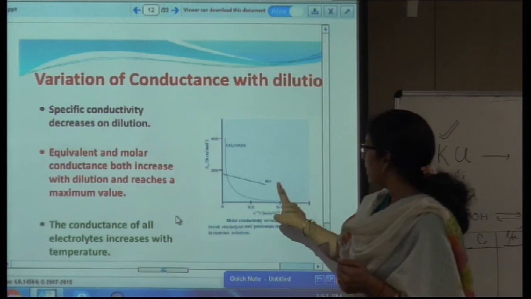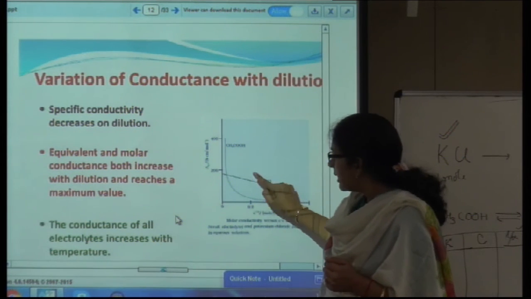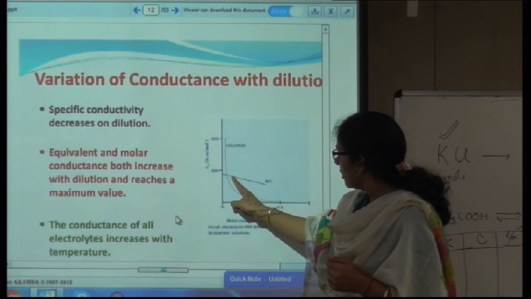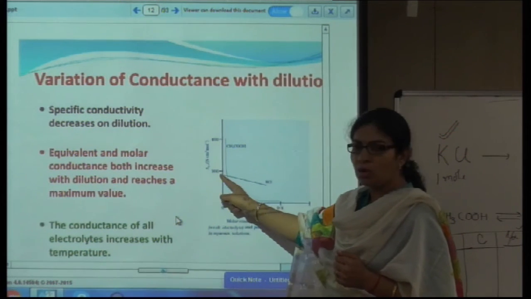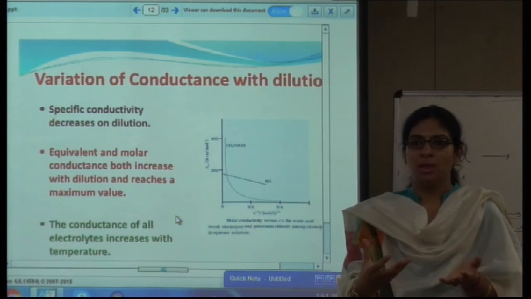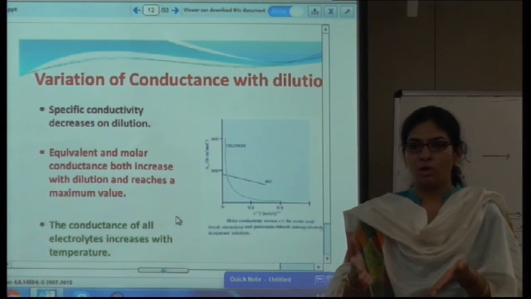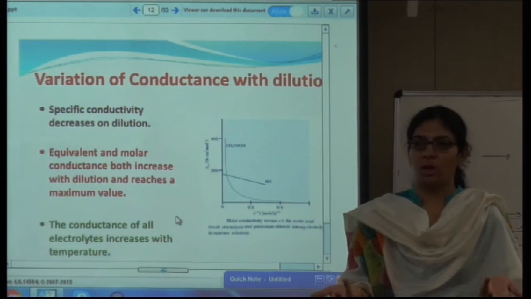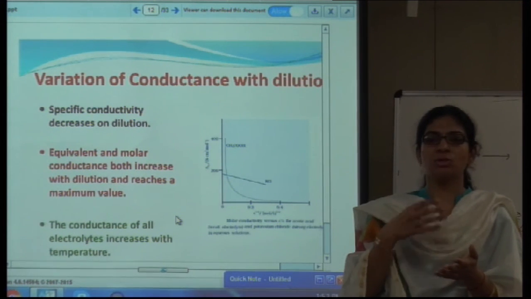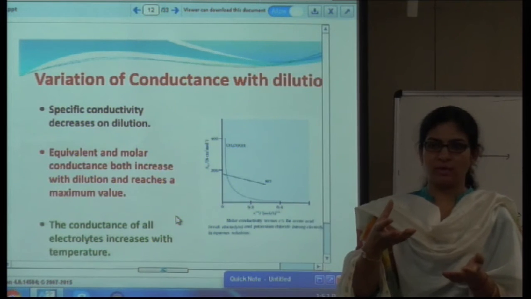The trend is that in case of strong electrolytes, it is possible to extrapolate. You may get a line like this, but zero concentration practically is not possible. Zero concentration of an electrolyte means you have plain solvent, so you can hardly measure the conductance of that solution.